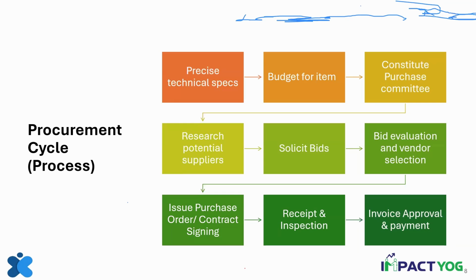Basically, for standard items, we normally give a purchase order. That is a standard template of ours. And when we are talking of documentation and record keeping, it's part of the procurement policy.